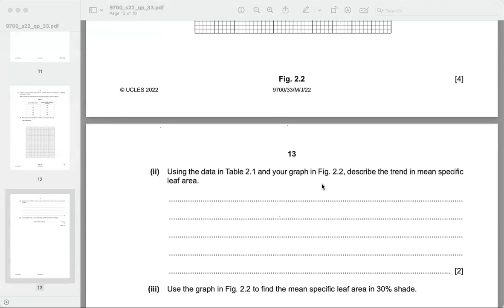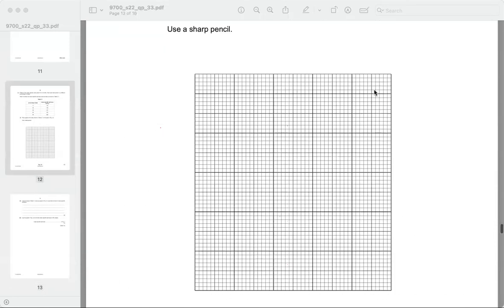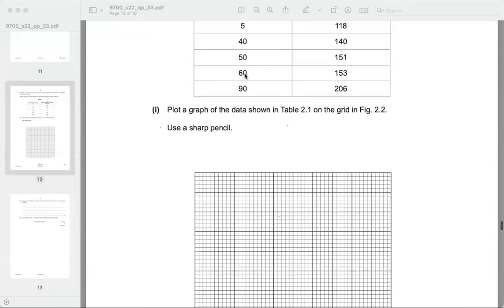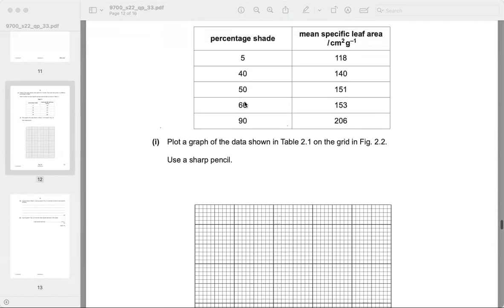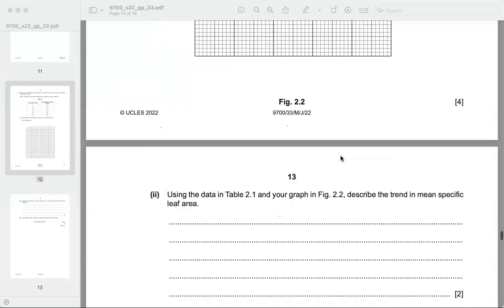What can we add extra to get that extra point? What saves you right here is that they are referring to the graph and the data, so pick up numbers. You can pick up data easily. You can say that first the percentage shade was 50 when the mean specific leaf area was 151. However, when the percentage shade increased to 90, the mean specific leaf area increased to 206.